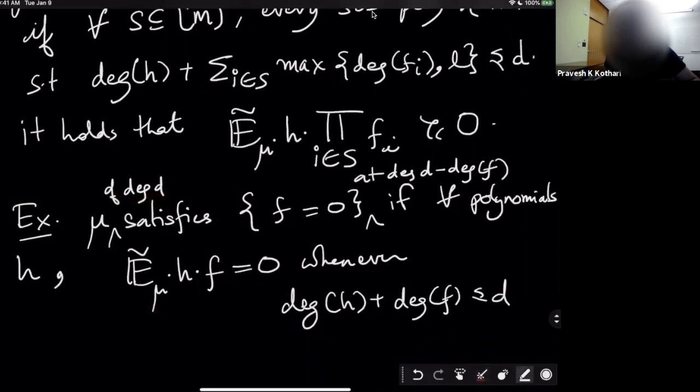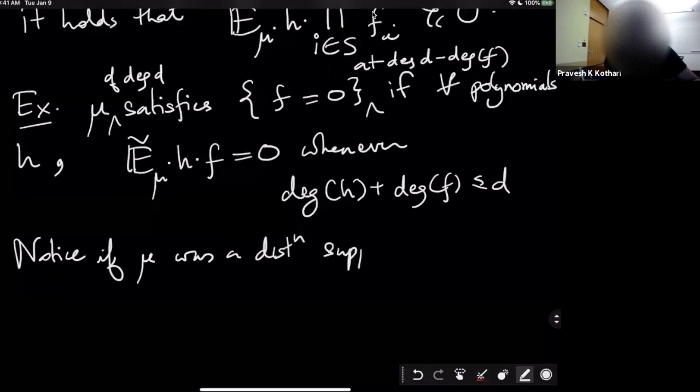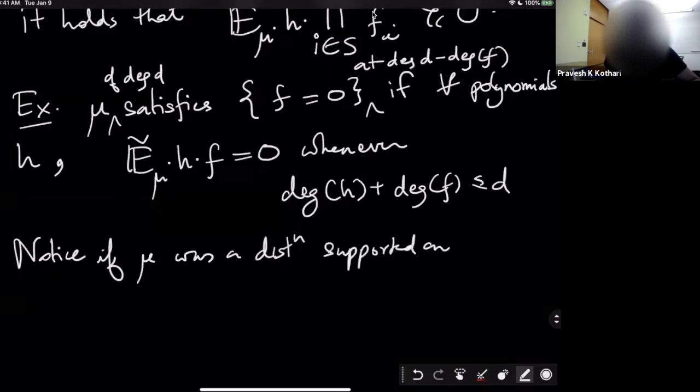distributions. So notice that if mu was a distribution supported on the solution set of the polynomial equality constraint f equals 0, right?